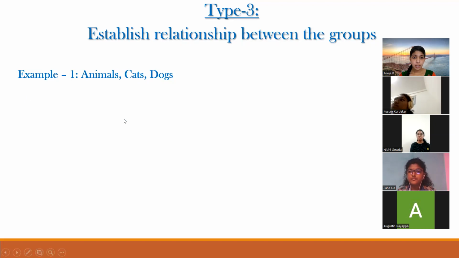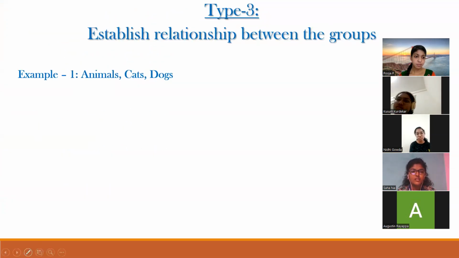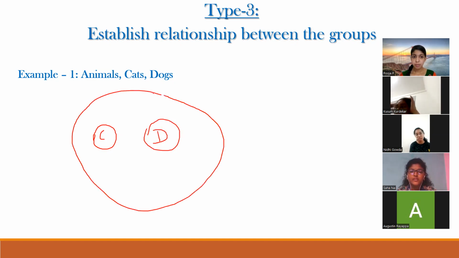So what you do is this: one set for cats, one set for dogs, but they both belong to the bigger set called animals. So this will be for animals. Understood?